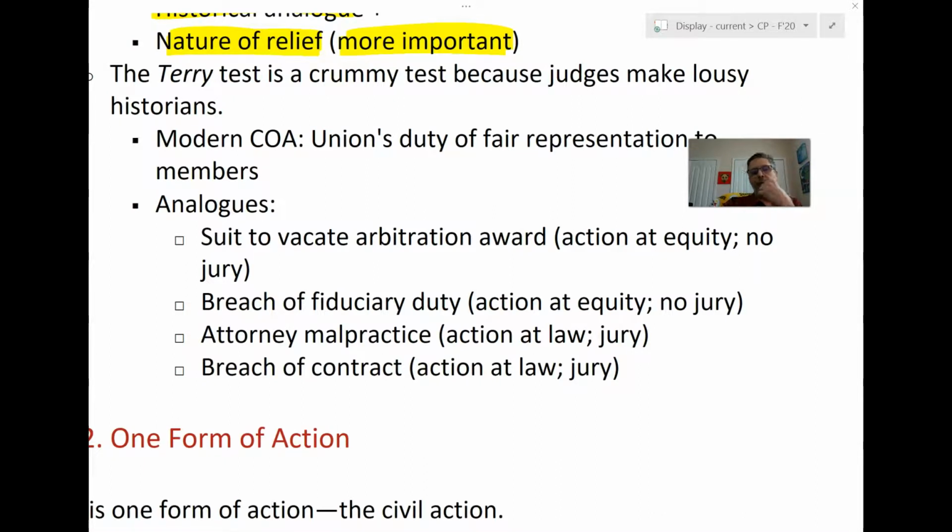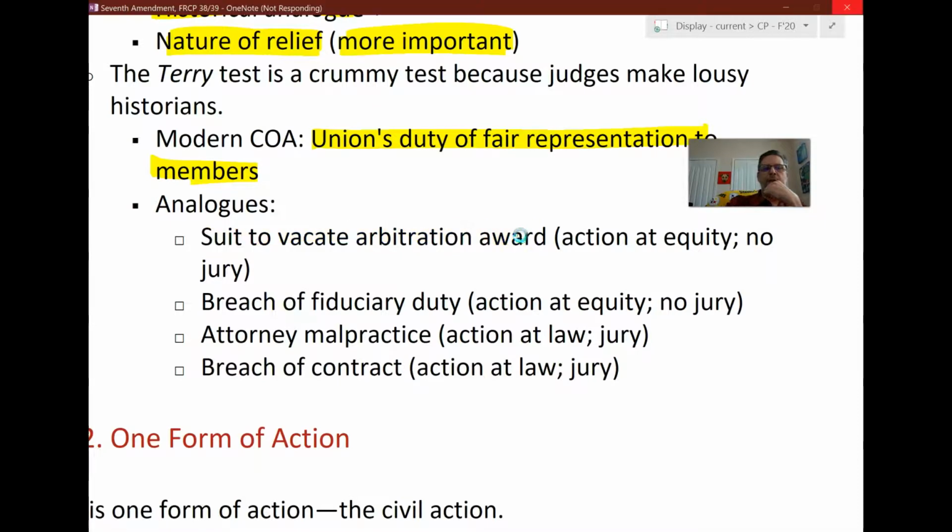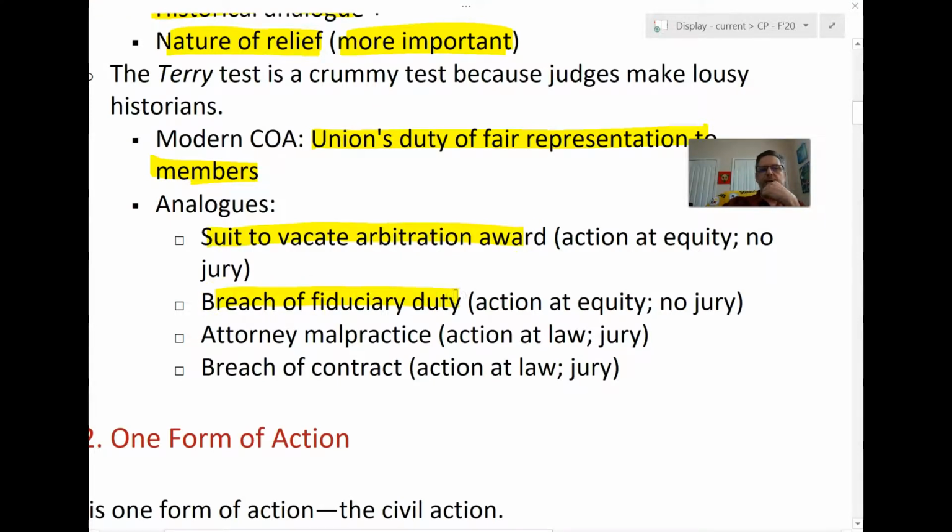For example, in the Terry case itself, the modern cause of action was a union's duty of fair representation to its members. And the Supreme Court was all over the place trying to figure out what was the best analogy to what was happening in England in 1791. Well, one was a suit to vacate an arbitration award. That existed in England. Or a breach of fiduciary duty existed in England.